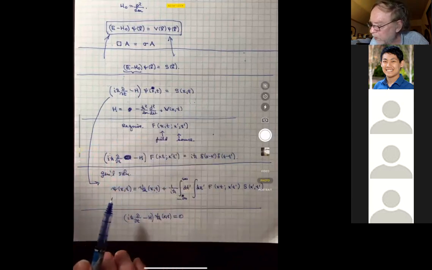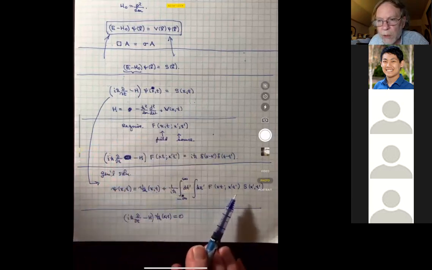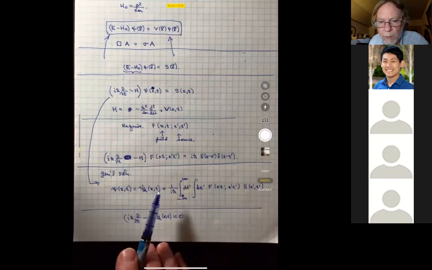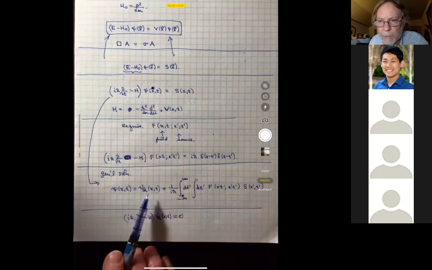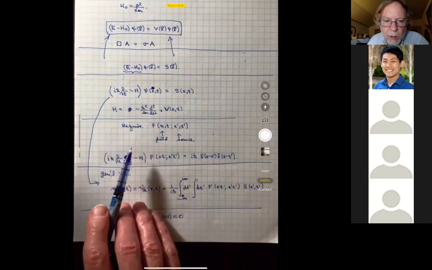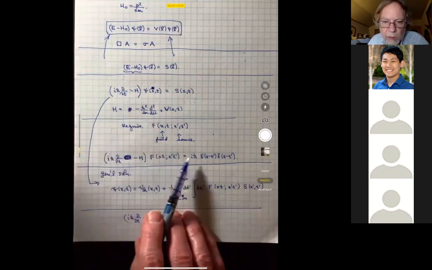So if I have one specific solution of the inhomogeneous equation, then any other solution can be generated by adding a homogeneous solution. And that's what this formula captures. So this is indeed the general solution of the original equation, regardless of which Green's function we choose.